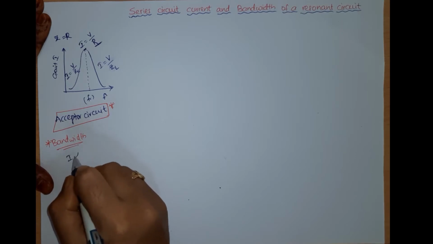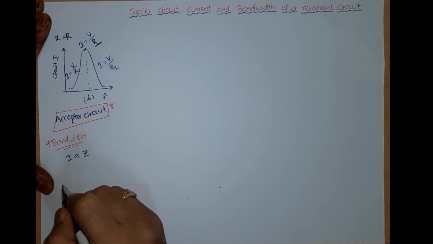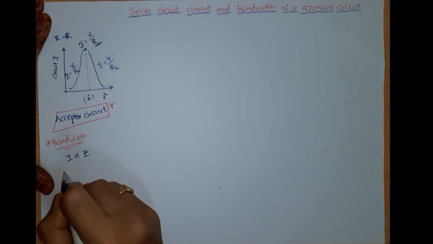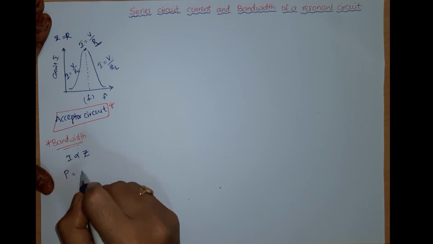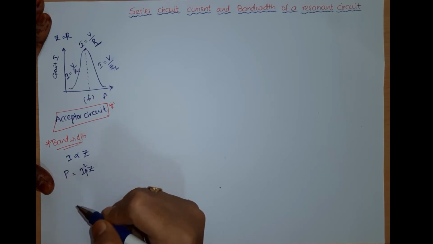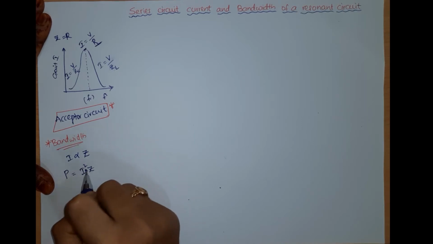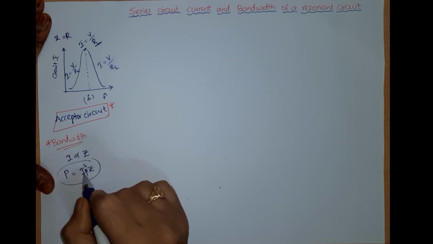Impedance Z. Therefore, at resonance, the power absorbed by the circuit must be at its maximum. Why? Because P is equal to I squared Z. But at resonance, what happens? I is maximum. As I is maximum at resonance, P will automatically be maximum, right?